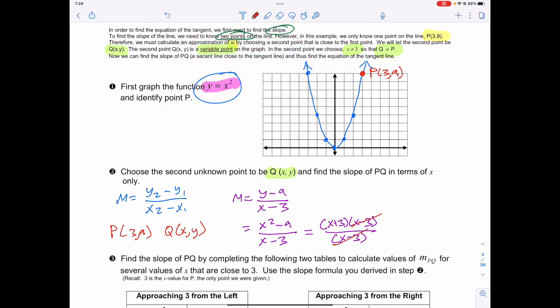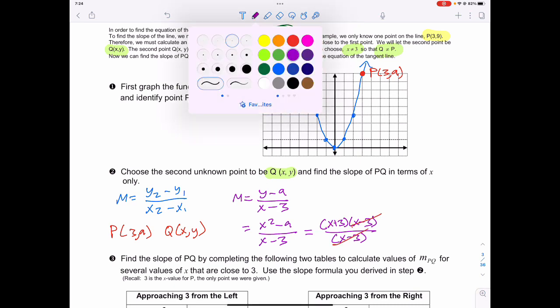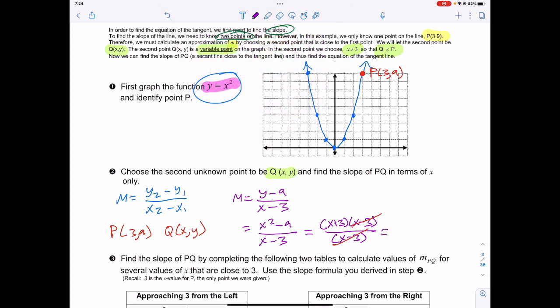Sorry about that, x minus 3 from the top and bottom, and I wind up with a slope of x plus 3. Now, if we were to use our rational functions, knowing our non-permissible values, then we would know from here that x can't actually equal 3, but we already stated that up here.